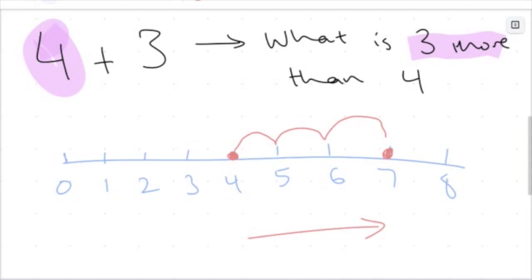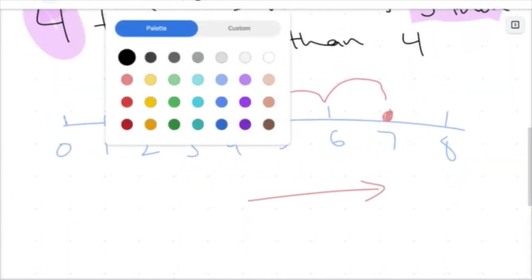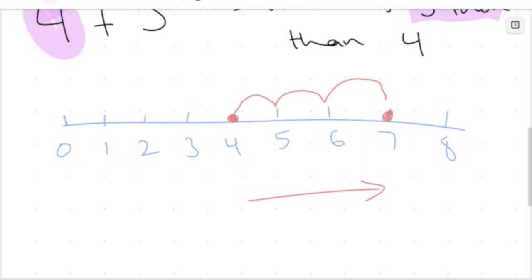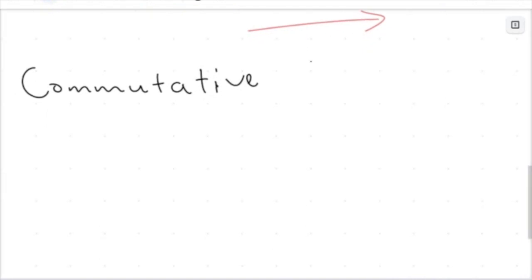So in maths, there's actually a law for this, and it's a pretty big word, but this law is called the commutative law. Don't get too fixated on these really big, scary sounding words, because I'm going to quickly define it here for us.